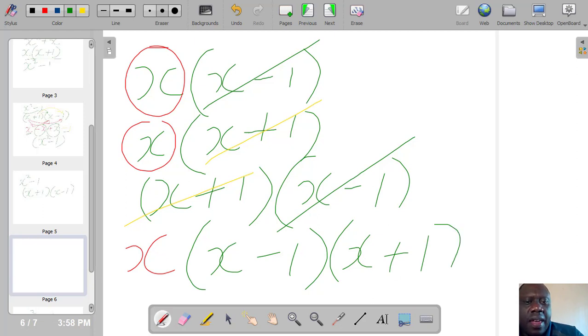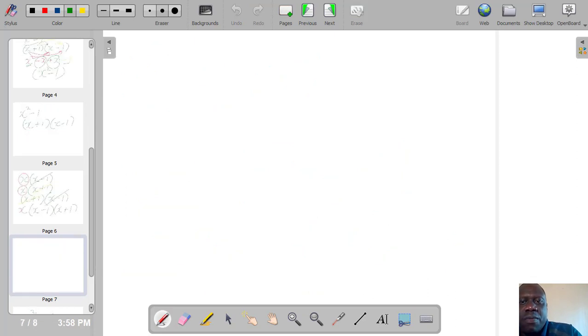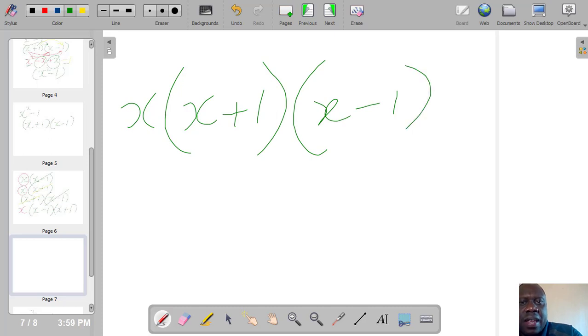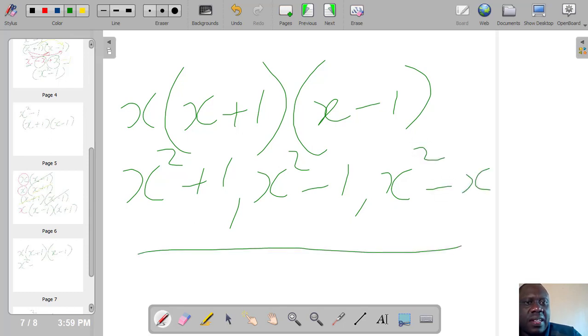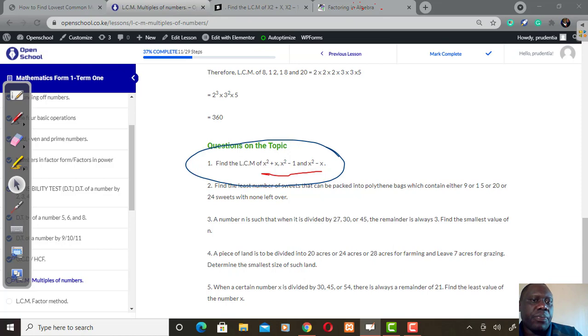So you write x plus 1. So your final answer as to the LCM of that question should be x into bracket x plus 1 times x minus 1. That's the LCM of x squared plus x, x squared minus 1, and x squared minus x.